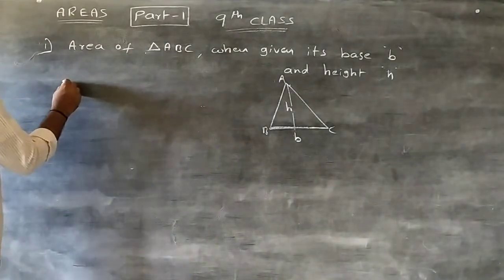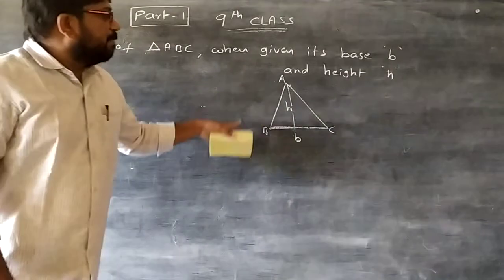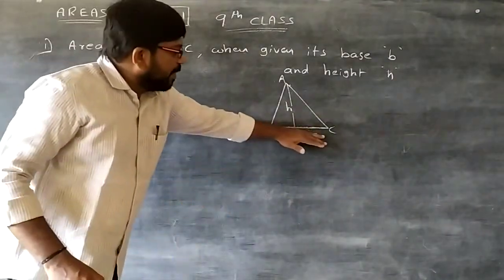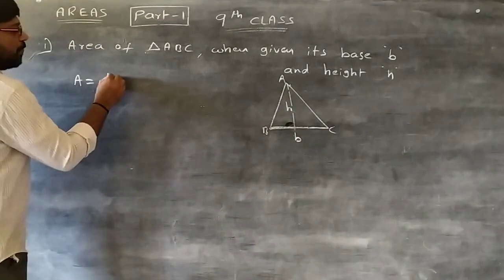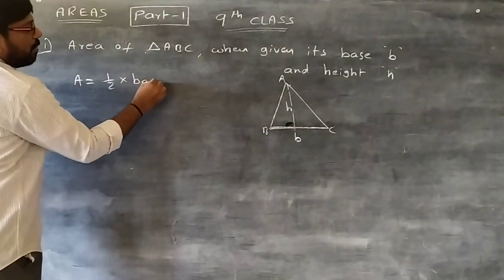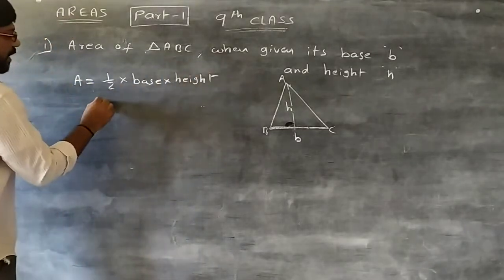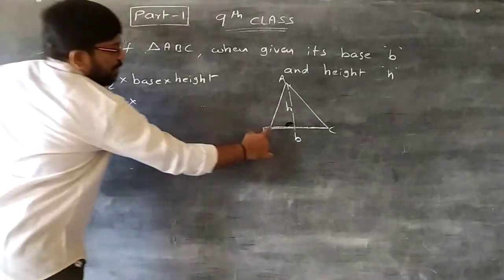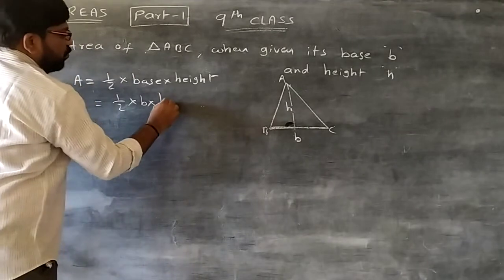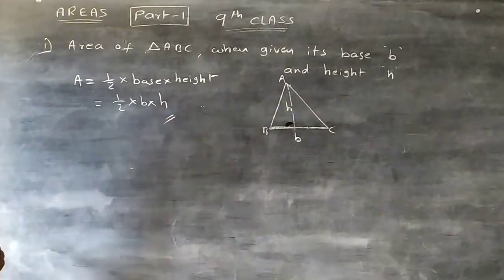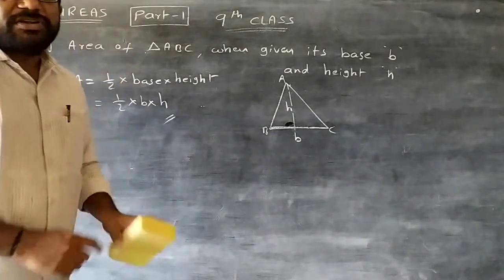So area of triangle ABC when given its base and corresponding height, area A is equal to half into base into height, that is half into base B units into height H units. This is the area of a triangle when given base and height.